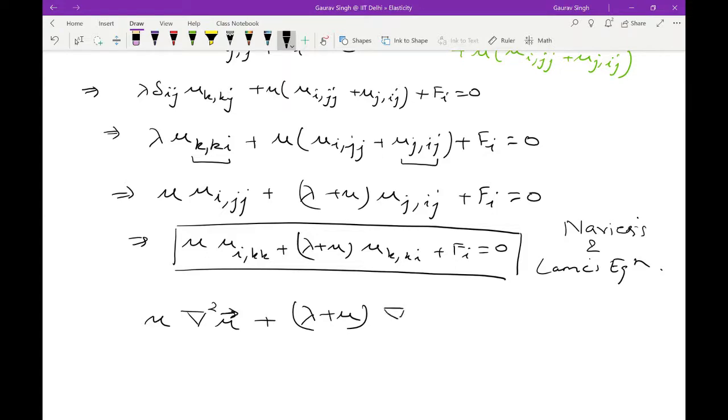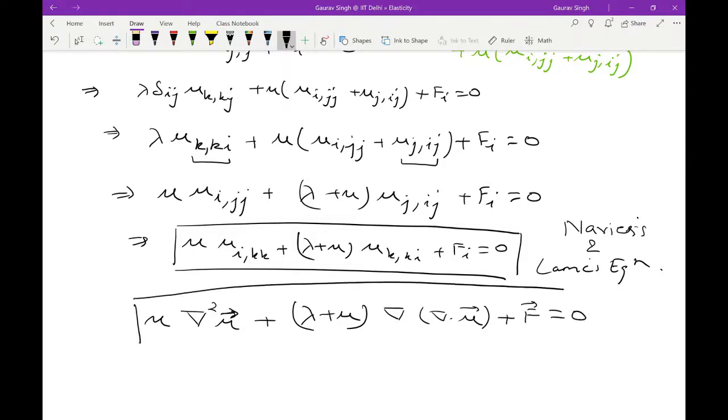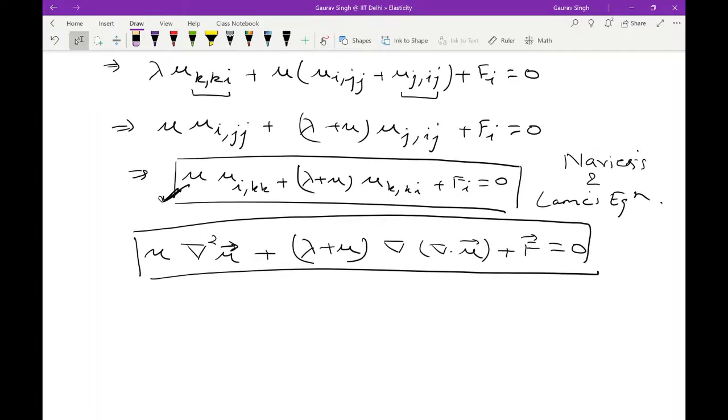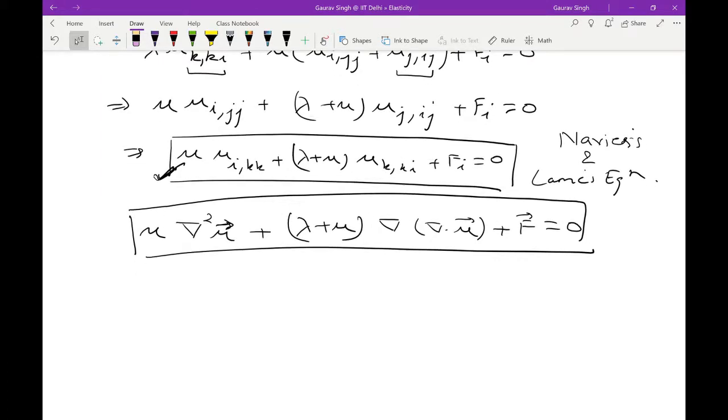And then you would have the gradient of a divergence of u. Okay, so this is the vector form of this Navier's equation. These are three separate equations, and this is the vector form of the equation, so they can easily be written in the scalar form.